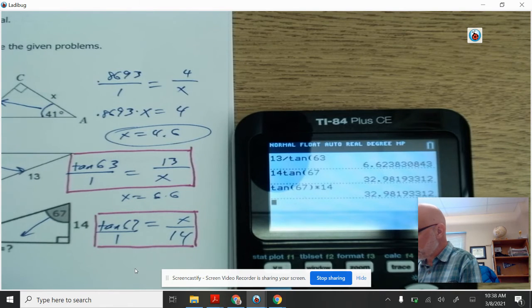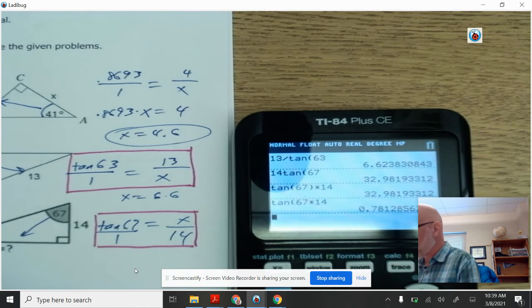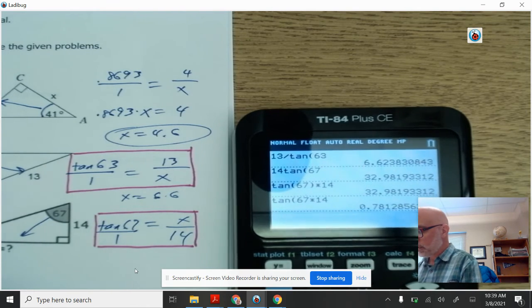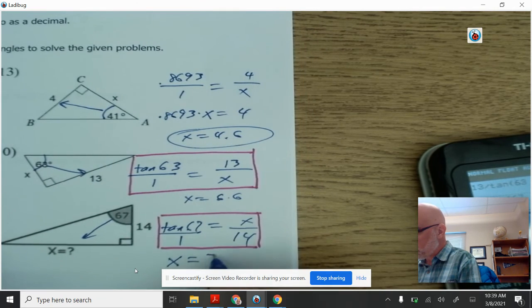The mistake that some people make is they type it the other way, and it's doing the tangent of whatever this big number is, because your calculator follows order of operations. It's not going to give you a number that makes sense. So the fastest way is to type the number in first and then do that. Then you can just put your answer. It'd be 33.0 according to those rounding.